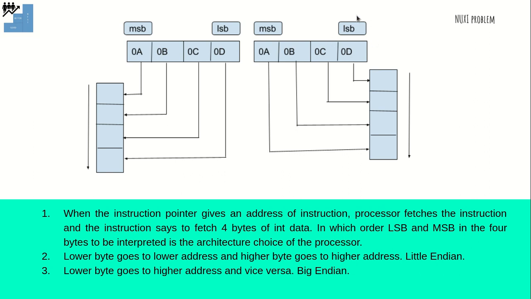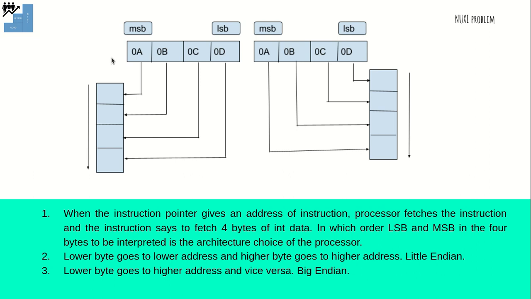When the lower byte goes to lower address and higher byte goes to higher address, there could be one such memory arrangement. Another memory arrangement could be the lower byte going to higher address and the higher byte, MSB, going to lower address.